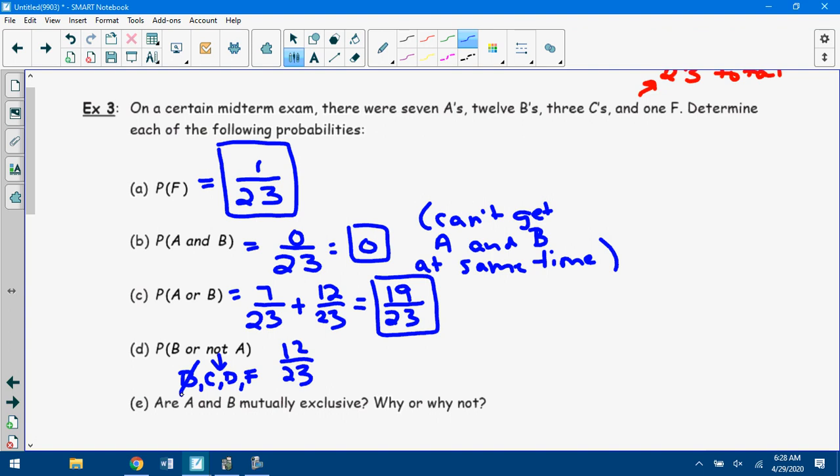It's kind of redundant. So the C's, there's 3 of them. There were no D's listed, so I don't have to worry about that at all. But there is 1 F. So 12, 15, that's 16 out of 23.